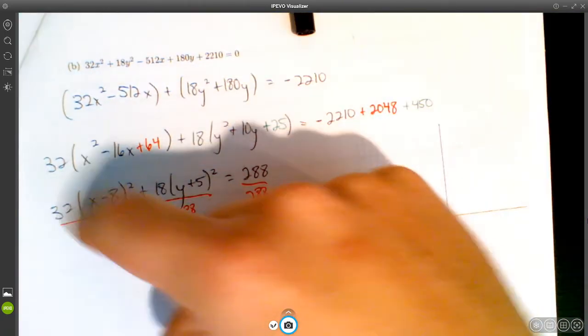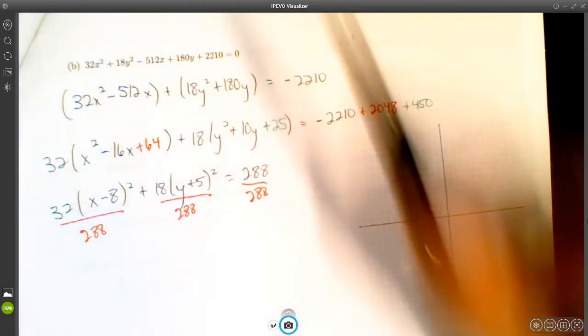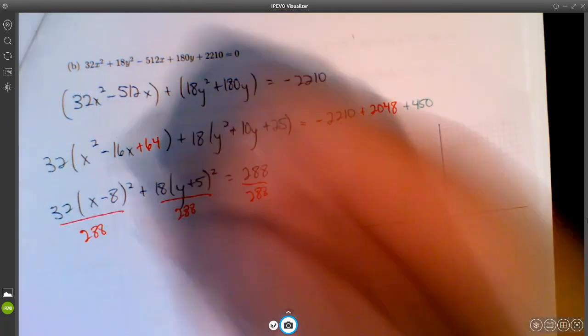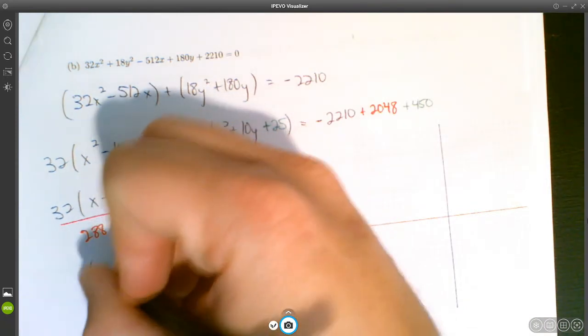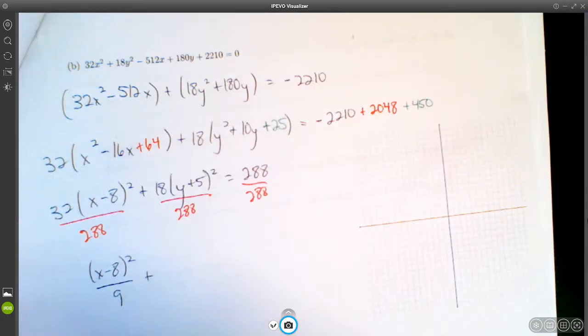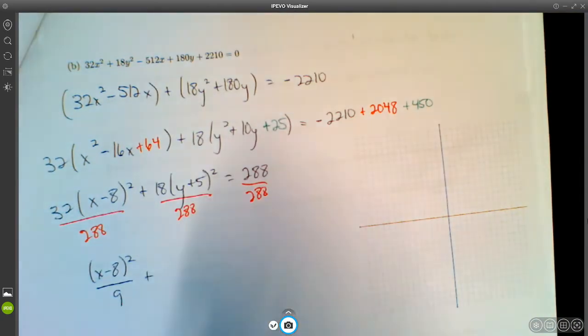And then these fractions will reduce, right? So let's see. 32 over 288 is really 1/9. So really this is x minus 8 squared over 9. And then 18 over 288 is really 1/16.